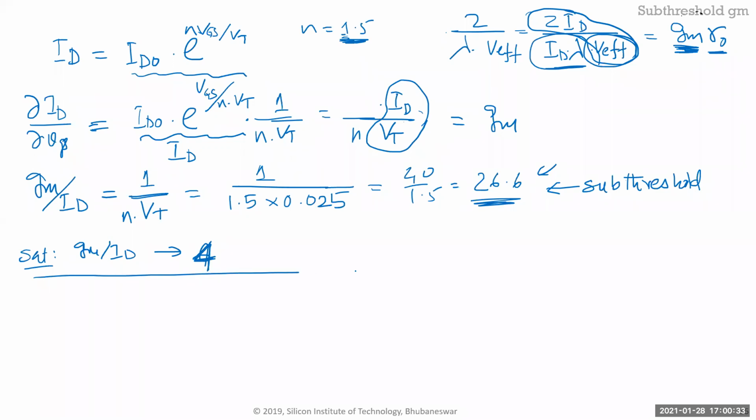I'll send you another link to a paper. Like I said, if you plot your GM over ID for different values, we said 26, let's say I have a table.